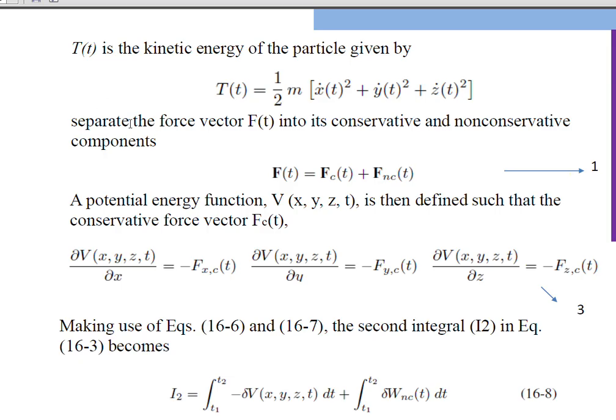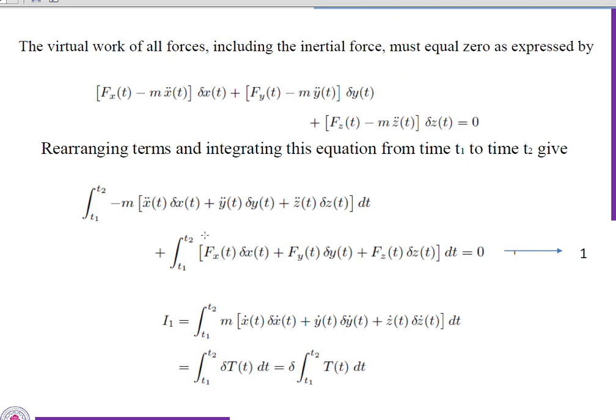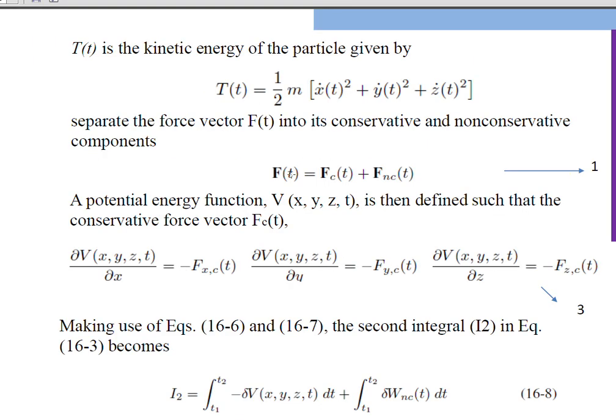And separate the force vectors, whereas there we also have force vectors here. The second term indicates the force vector, and that force vector we can write as f of t is equal to fc of t plus fnc of t, whereas fc of t indicates the conservative force, whereas the non-conservative components will be fnc of t.